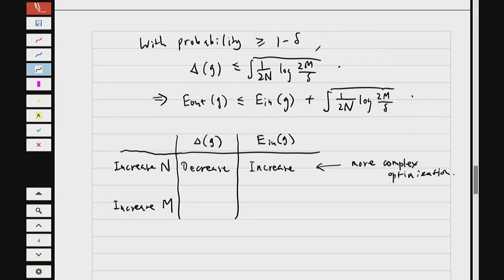Well, clearly M is on top, so this increases. The generalization error increases. Why do you think that is? Why does the math tell us the generalization error increases as M increases? Do we have a more intuitive explanation for that beyond just looking at the math? Why do you think this is the case? Yes?